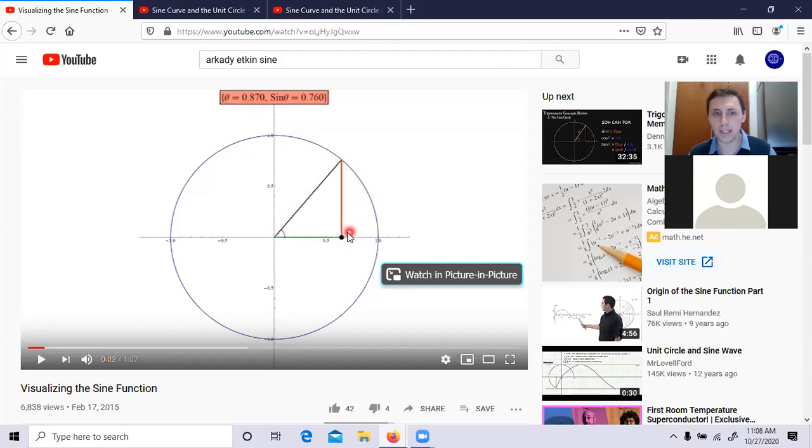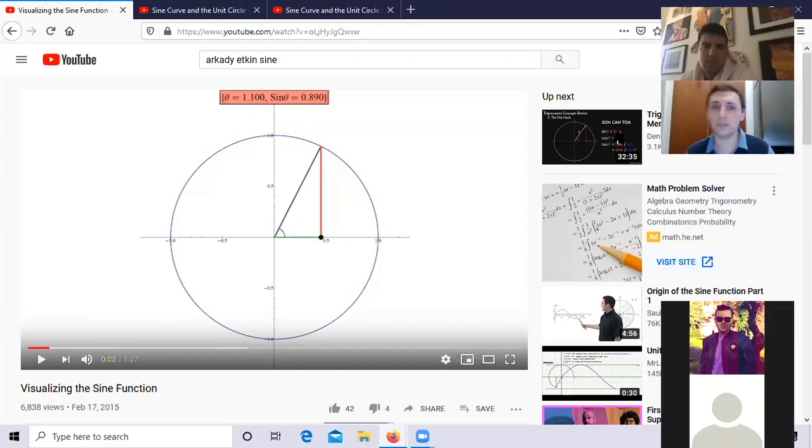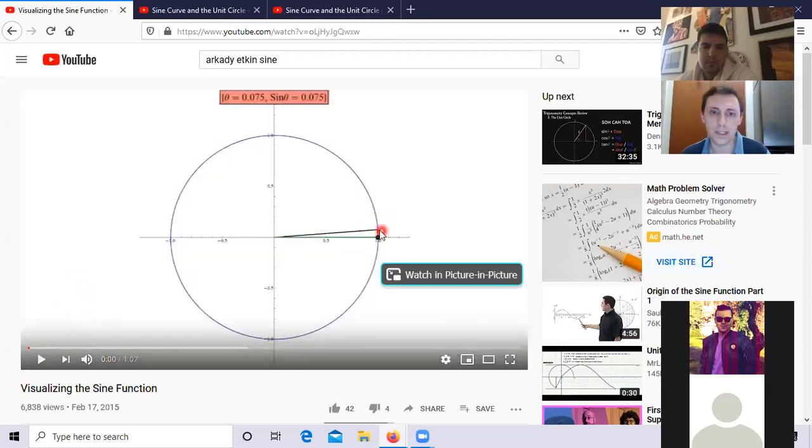And as you can see, as I am increasing the angle, as I'm opening the arc wider, the red rope is getting longer and the green shadow here is getting shorter. So very simple angles for sine. Sine of 0 is 0, because at 0, the rope is essentially invisible.